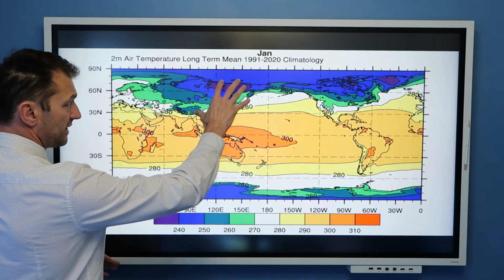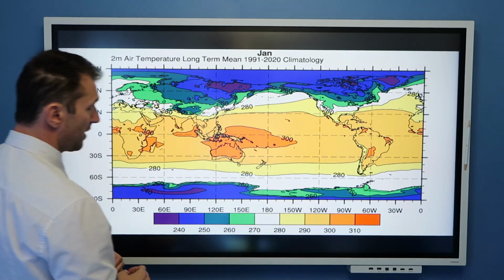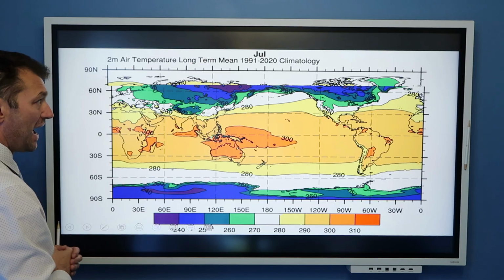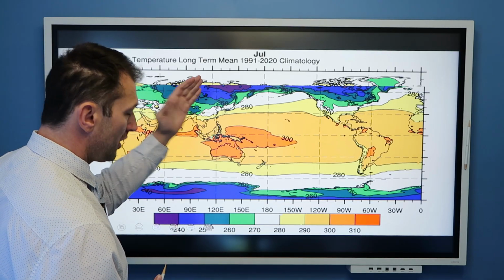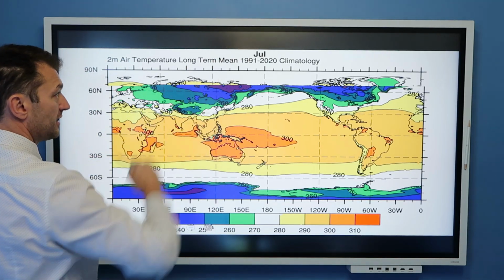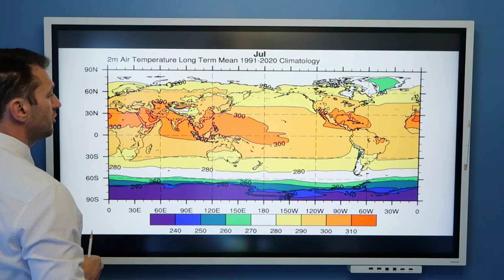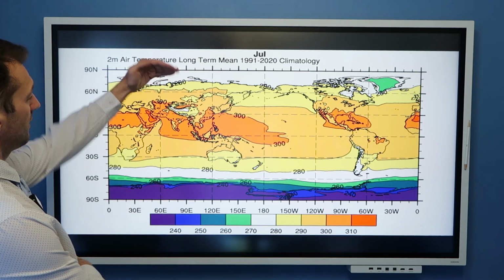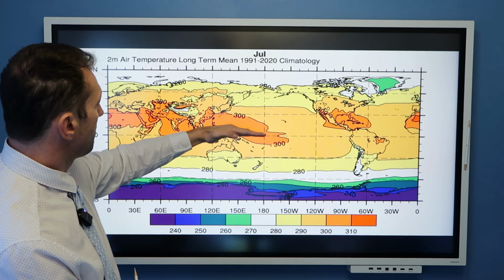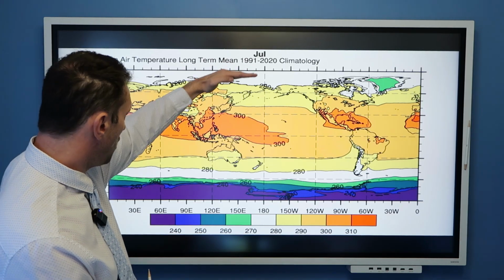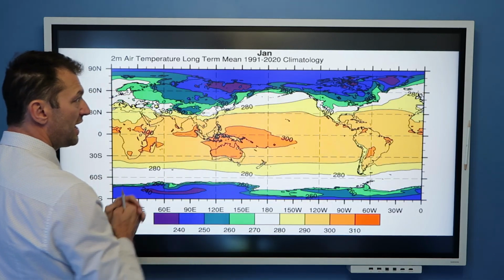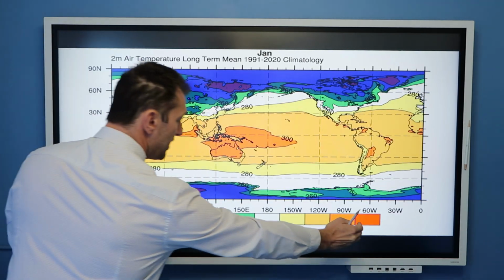Now, if we present the same temperature range and the same map, but for July, not January, but for the summer month, then what you will notice is that the temperature difference between tropical regions and polar regions is much smaller than what we had in winter, because the range is the same.